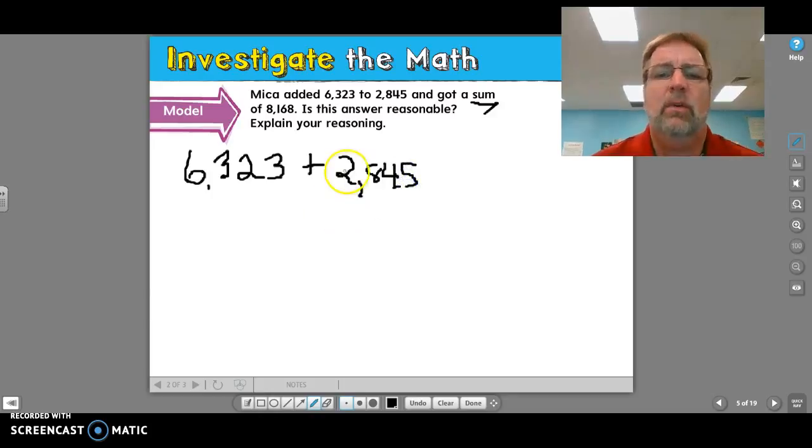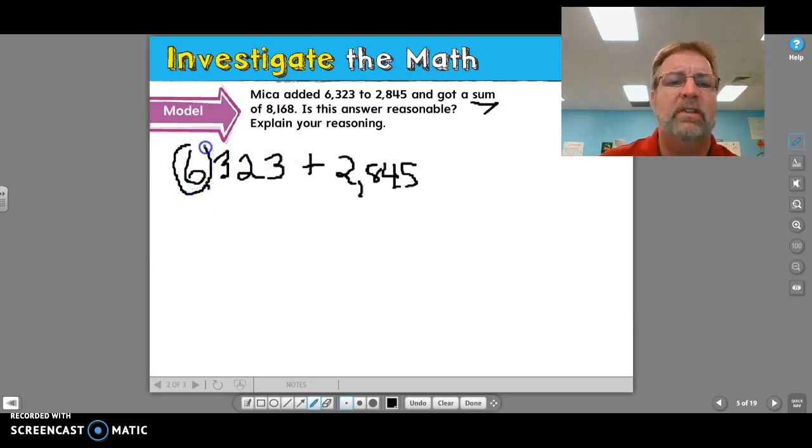So we want an about, so let's round this to the thousands place. So if we round 6,323 to the nearest thousand, there's our thousands place. We look at the digit to the right. So that's less than 5, so this remains the same. And all the digits to the right become zeros. So 6,323 is close to 6,000, which it is.